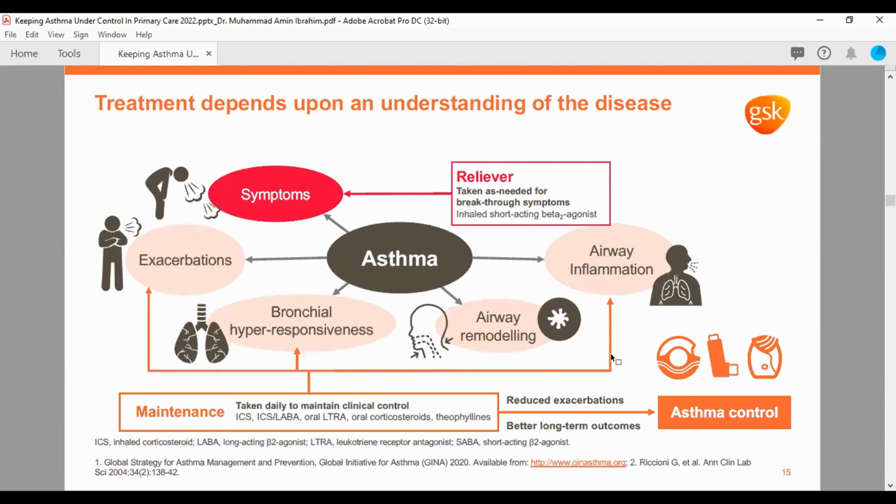We did not address the underlying key pathogenesis of asthma, which is airway inflammation. If we address the airway inflammation by giving inhaled corticosteroid, we can improve bronchial hyperresponsiveness. We can prevent airway remodeling. Of course, we can reduce the airway inflammation. This, in the long run, will reduce exacerbation and give a better long-term outcome.